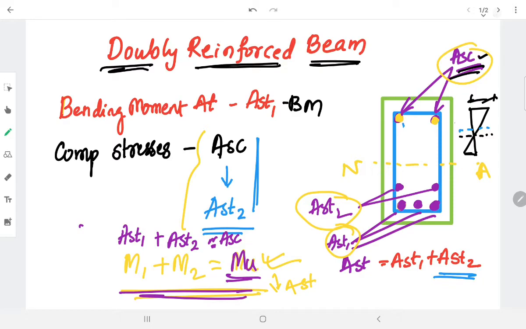Next we'll see the equations. The first equation is for Ast1, which is equal to M1, or generally Mu limit, divided by the lever arm term.